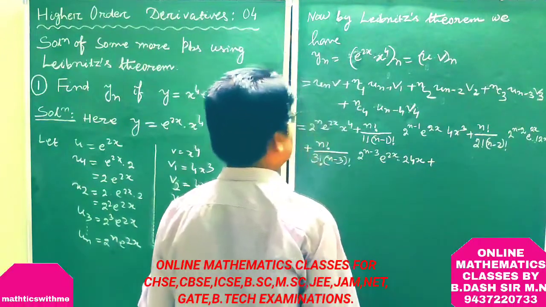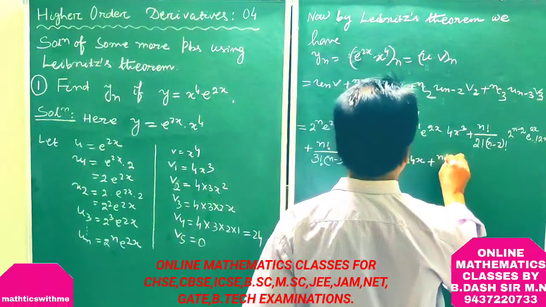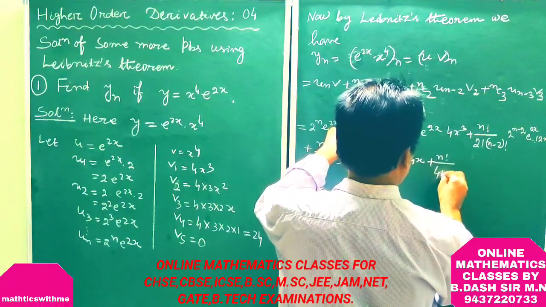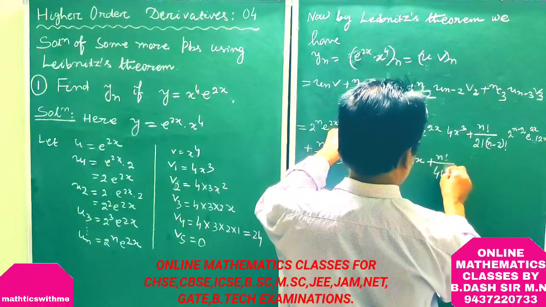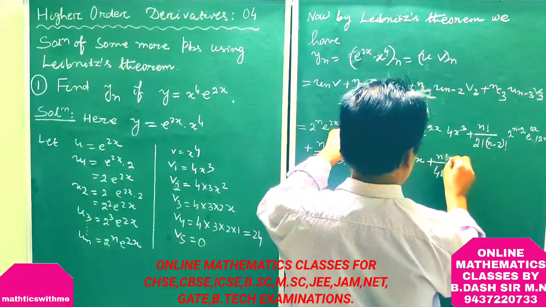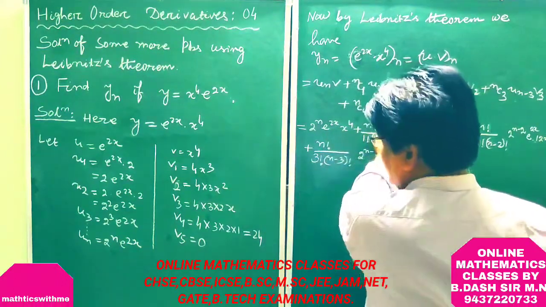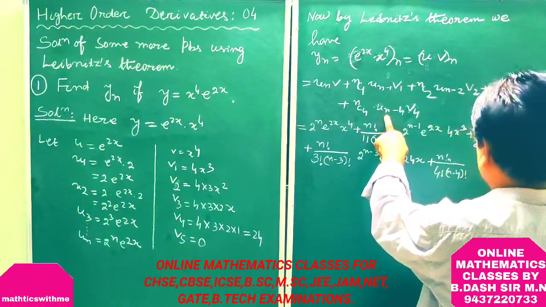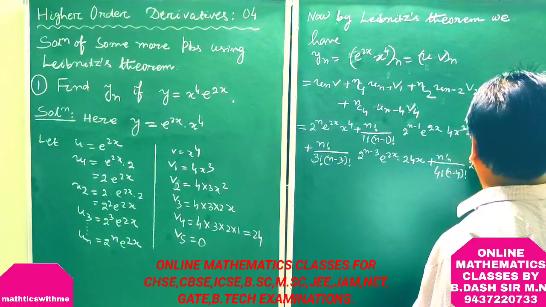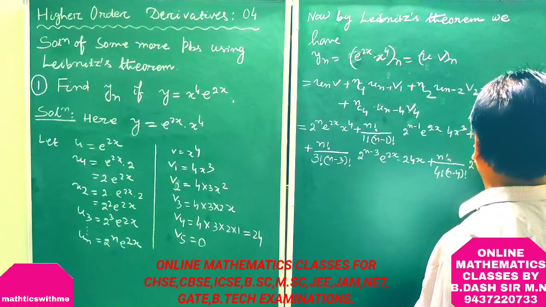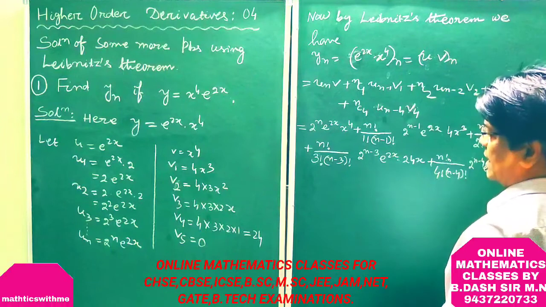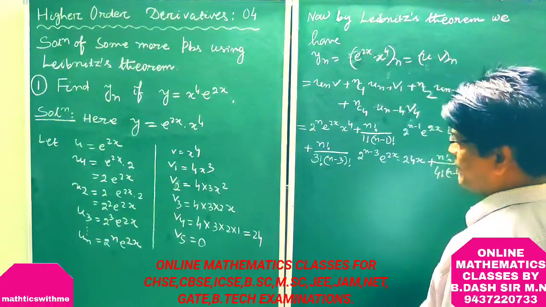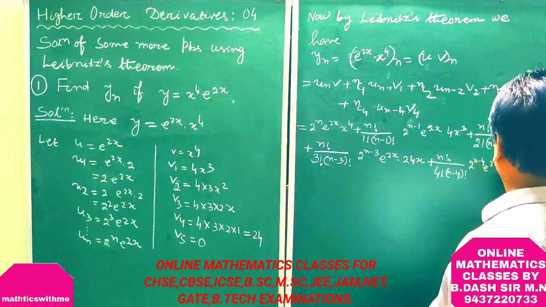Plus nc4, n factorial by 4 factorial into n minus 4 factorial. un minus 4 is 2 to the power n minus 4 e to the power 2x. Now the value of v4 is 24.